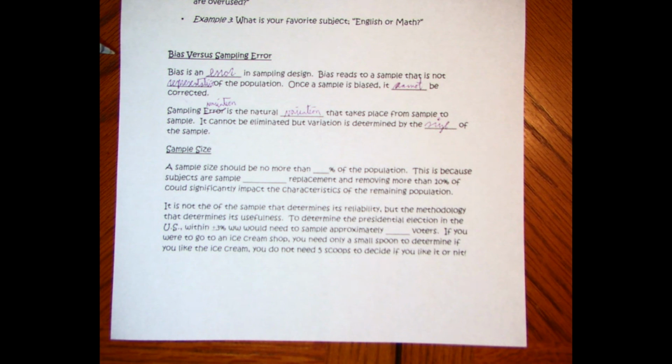But if I was to do a sample of 10,000 people, I would not get samples that were between 4,500 and 7,500. My samples would be a lot closer to 6,000. I might get variation between, let's say, 5,800 and 6,200.